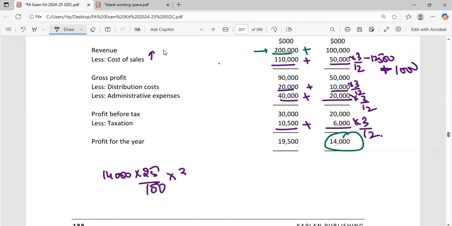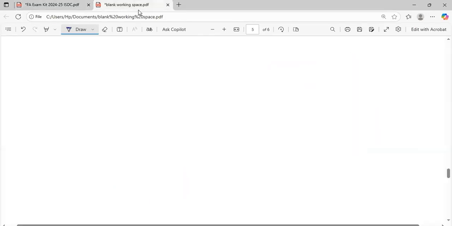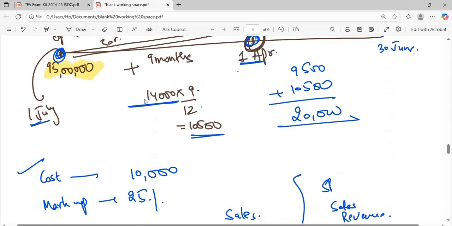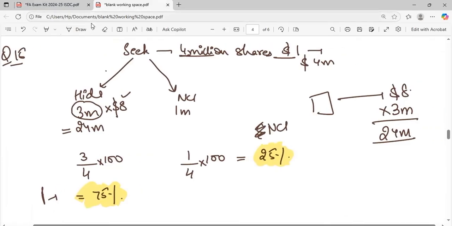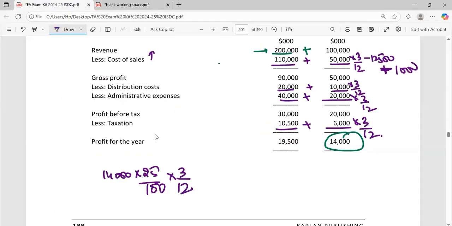Okay, and we will take 3 by 12 of this because this is the post-acquisition period. I'll show you. Wait. See over here. I solved it that NCI has 25% share. Okay, so I will take 25% of 14,000 and then I'll take 3 by 12 of it.